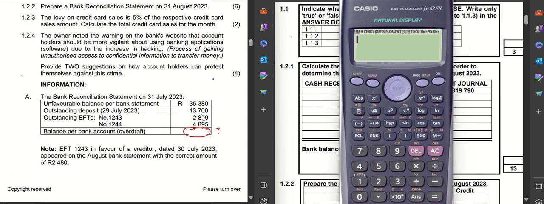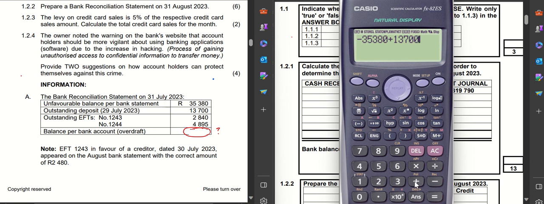So you come here to a calculator. It says unfavorable balance as per bank statement. I would advise you to start with a minus because it's unfavorable. So minus 35,380. Then deposits, you add your deposits, plus 13.7.